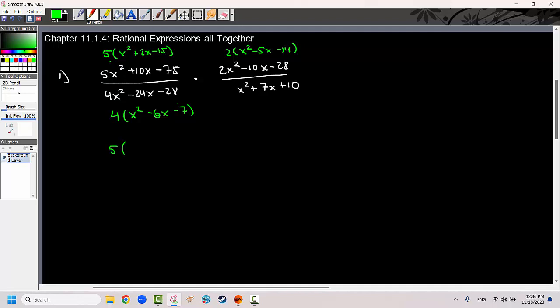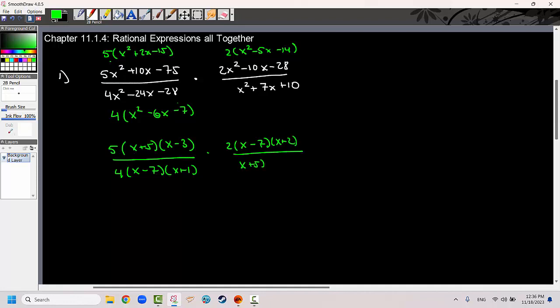Let's just keep this train moving. We're going to factor and get our excluded values. So x plus 5 times x minus 3 all over 4 times x minus 7 times x plus 1, times 2 parentheses x minus 7 times x plus 2, all over x plus 5 times x plus 2 on the bottom.